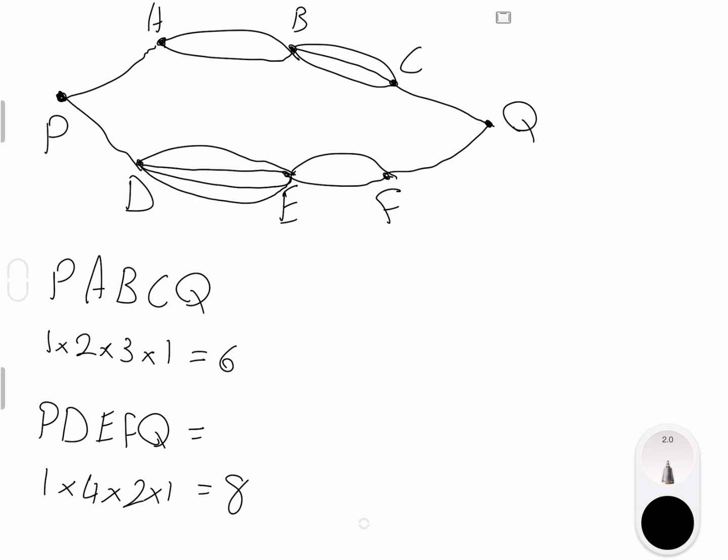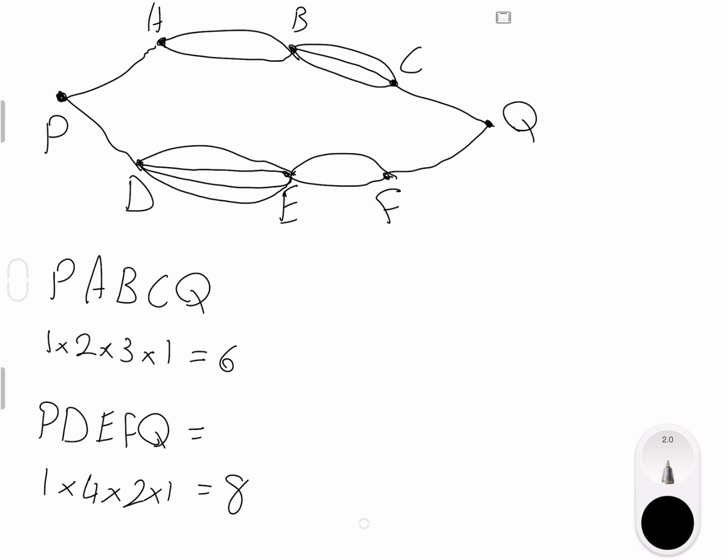So this is where the sum principle comes into it. How many ways in total is there to get from P to Q? Well, we've analysed going along the top line, and we've looked at the bottom line. The sum principle, as its name suggests, is really just we add the two together.